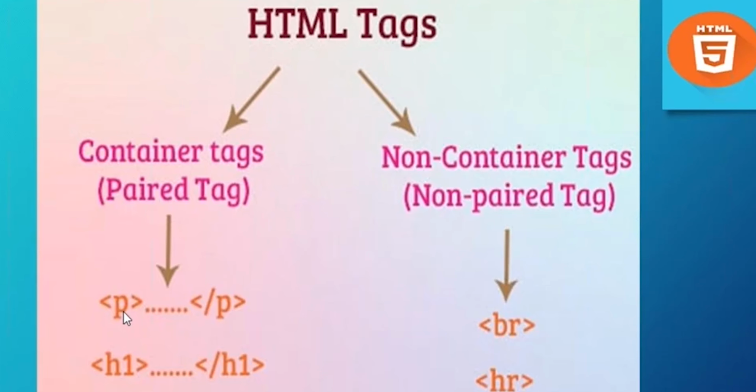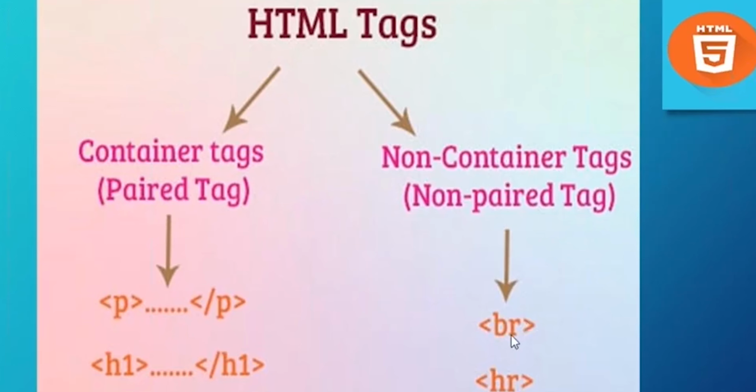See this one: P represents the paragraph, H1 represents the heading, A represents the anchor tag, and B represents bold. I will explain each and every tag in upcoming sessions. But remember one point: in HTML, each tag has its specific meaning, so we can't write our own tags in HTML pages.